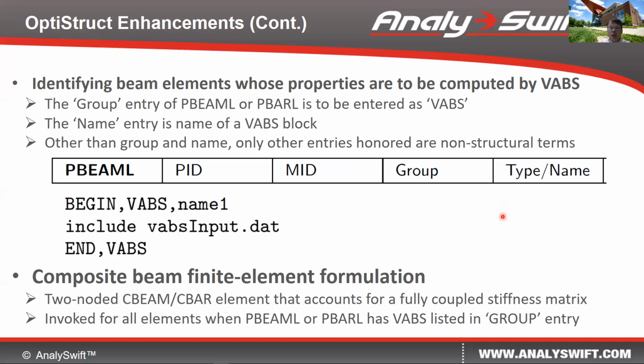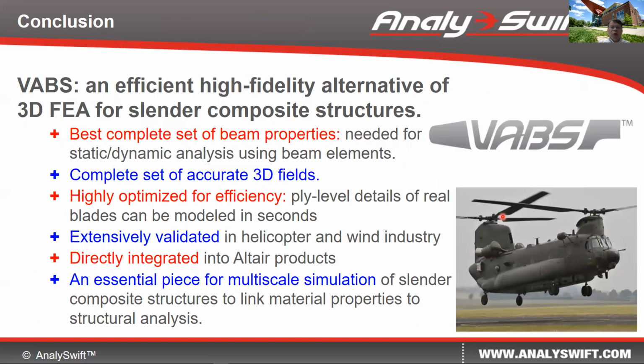So as a conclusion, VABS is a software within Altair right now that provides an efficient, high fidelity alternative to 3D FEA for slender composite structures. It can compute the complete set of beam properties, which are needed for static or dynamic analysis of beam elements. Second, it can compute a complete set of accurate 3D fields, particularly stress and strains, and is also highly optimized for efficiency.